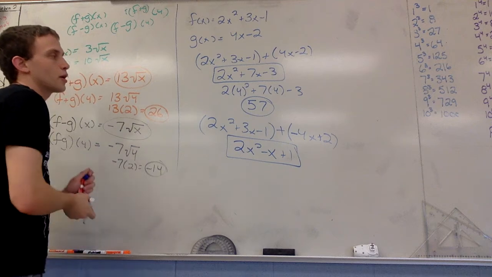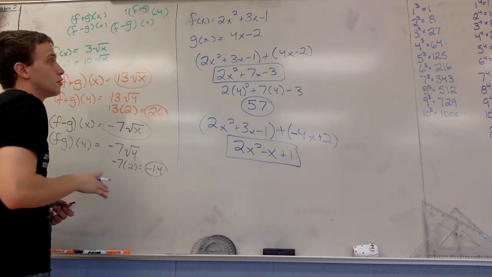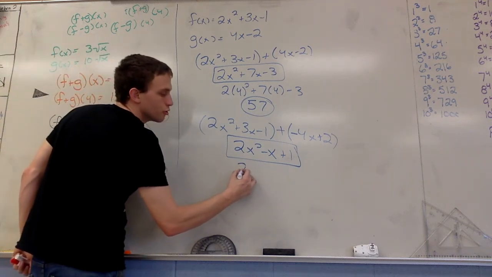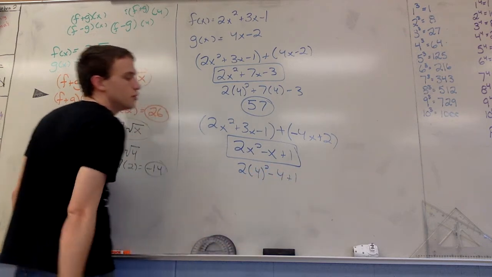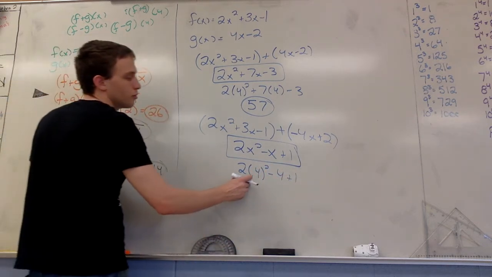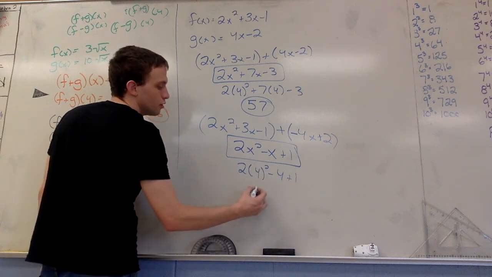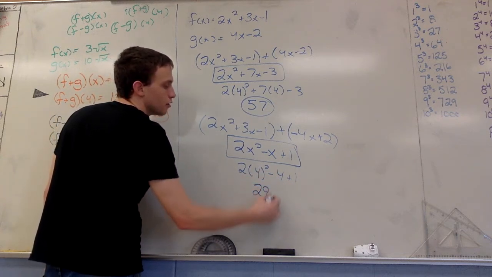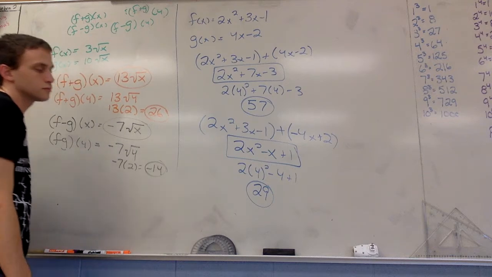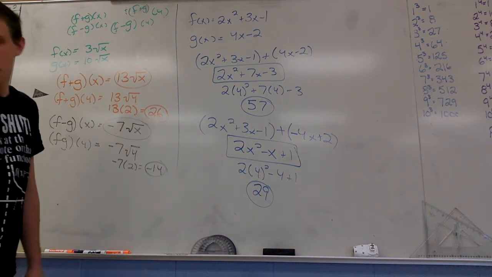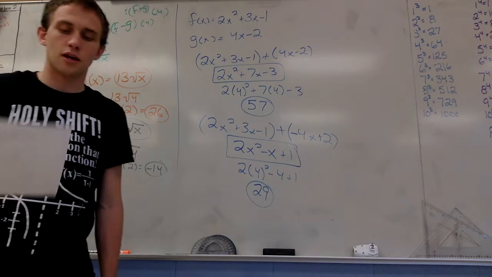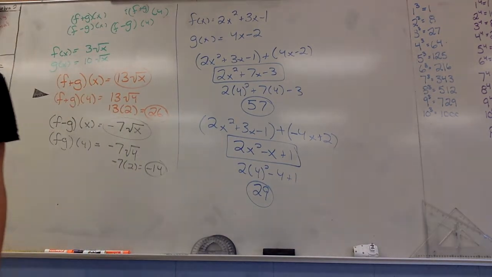What do I have to plug in now for x? 4, thank you. So this is 2 times 4 squared minus 4 plus 1. This is 32 minus 4 plus 1. That is 29. Okay, so that was 19 and 20.